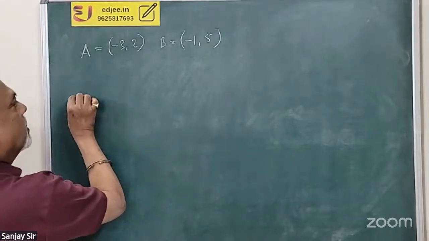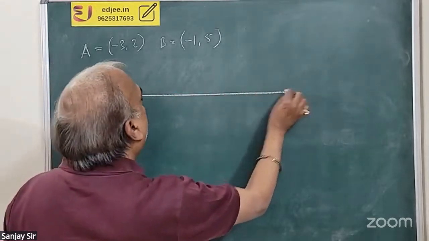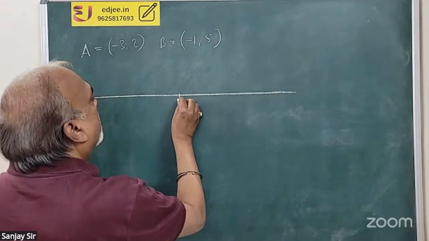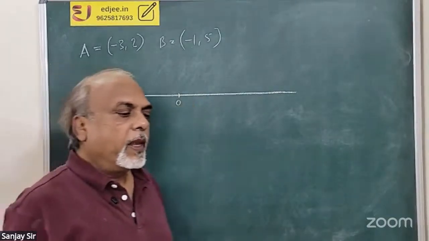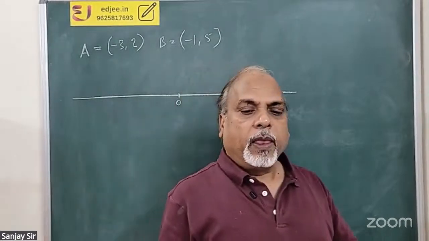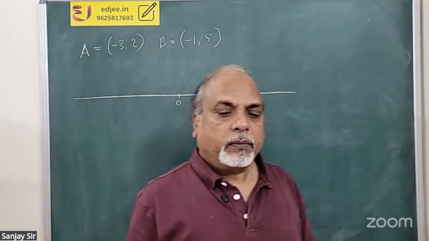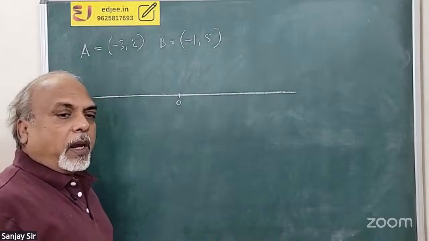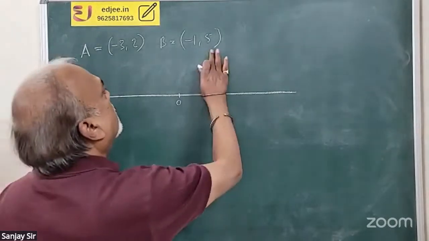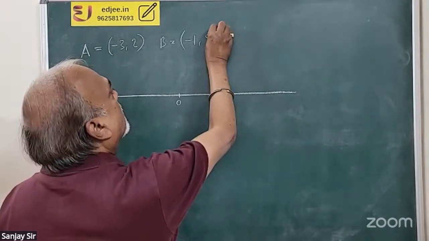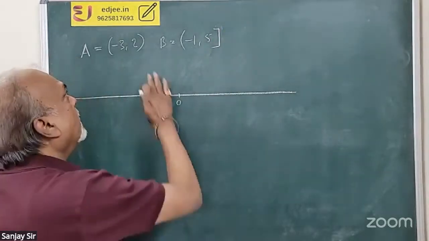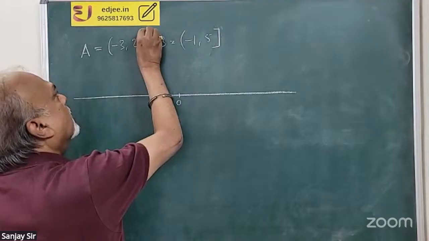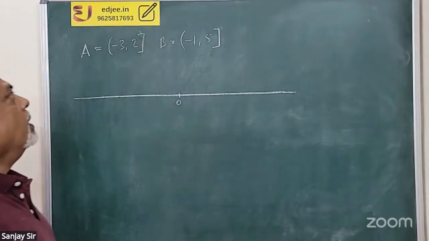Now let us draw a number line. Correct? Here, if you see, this bracket is basically closed, and this bracket is also closed. So you can understand.